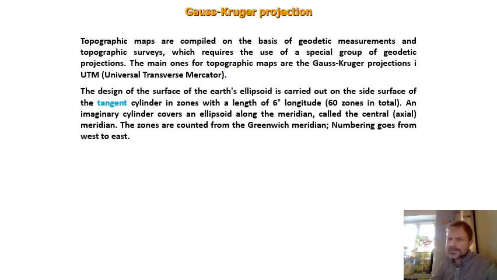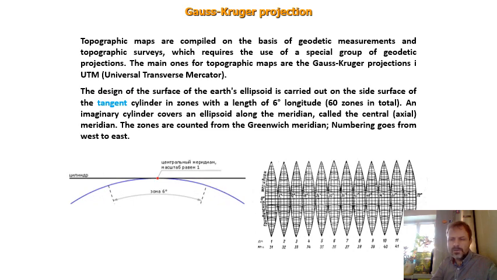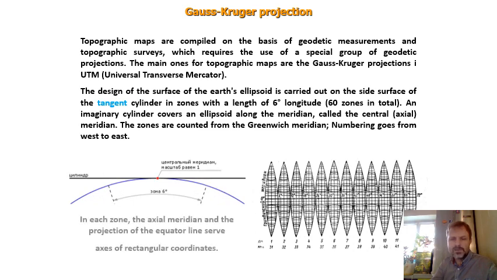The Gauss-Kruger projection we use for topographic maps. It is the main projection in the former Soviet Union states and post-communist states.